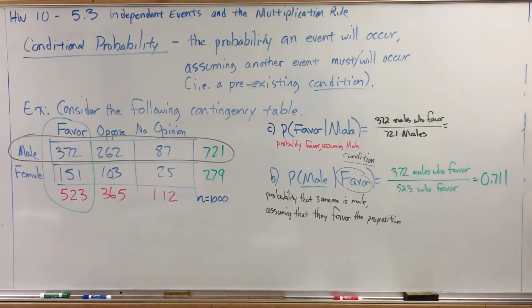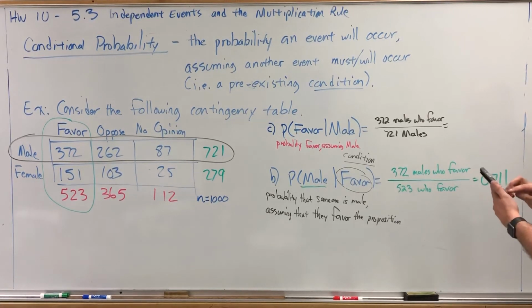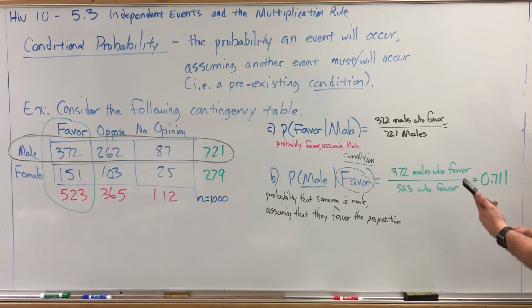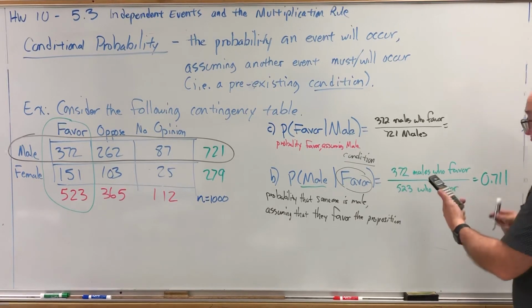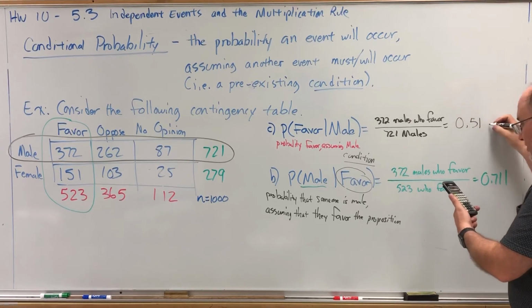I think it's less than 50%. 372 divided by 523. I take that back. Wrong one. 372 divided by 721 is a little bit more than 50%. 0.516.